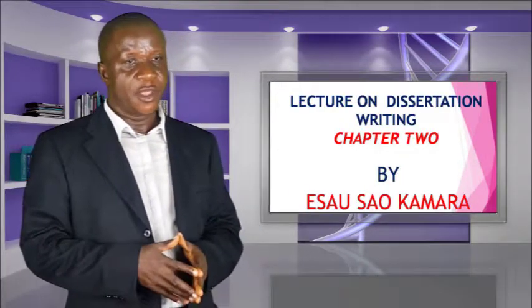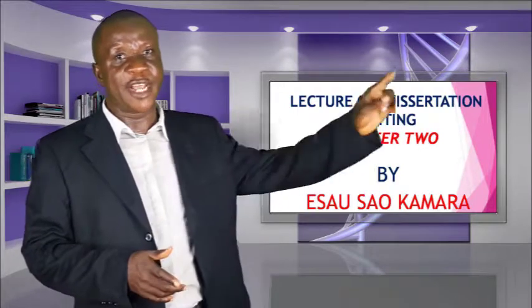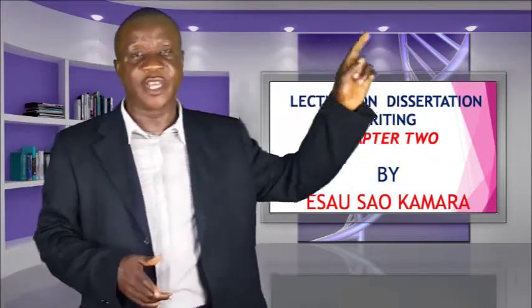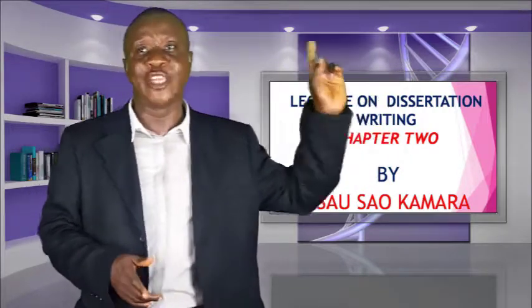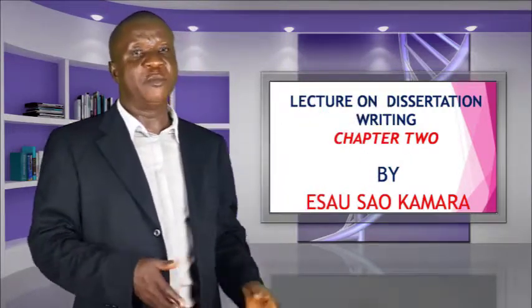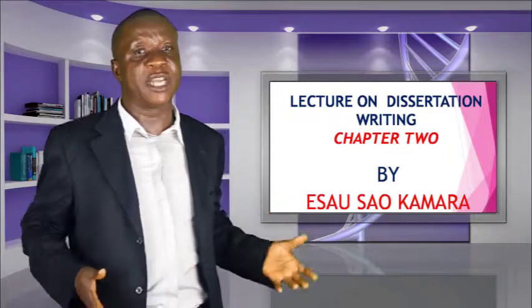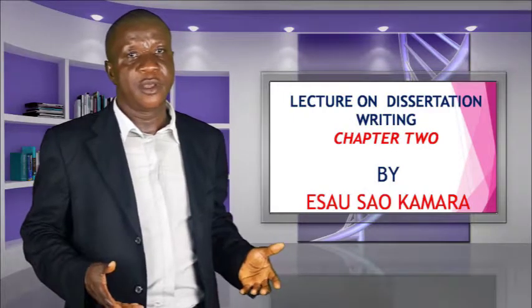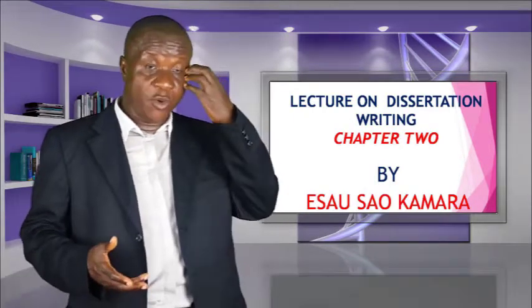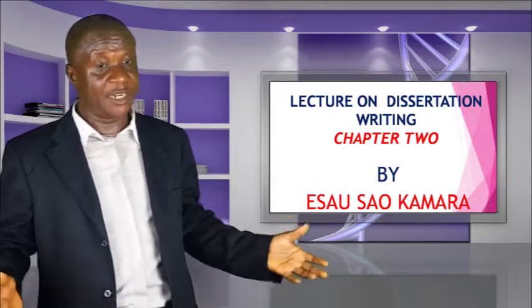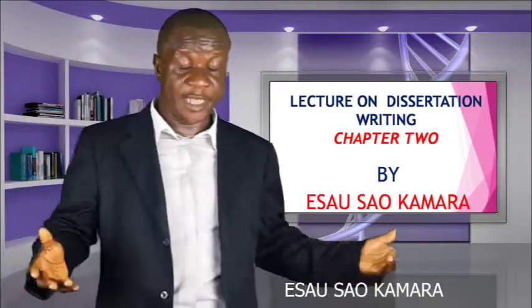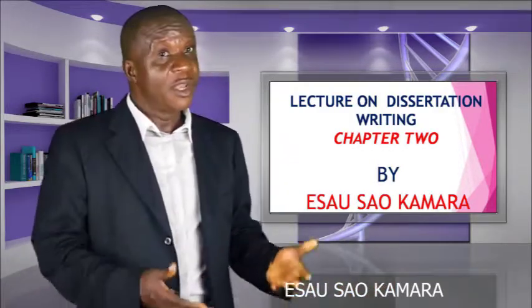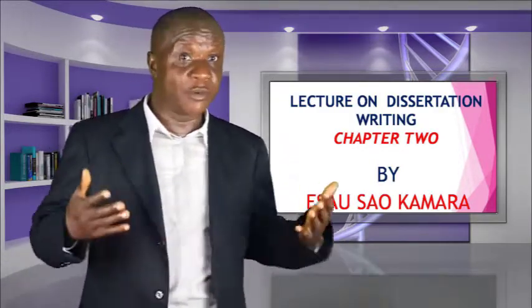Why? With a footnote, you are making reference to what you have quoted already. Some in fact start giving footnotes from the beginning, your introduction. But they are more concerned with footnotes in chapter 2. Years back, I did my own dissertation. I had a footnote. That one was correct. That is about 20 years back. But now, even today, this is a modern world.